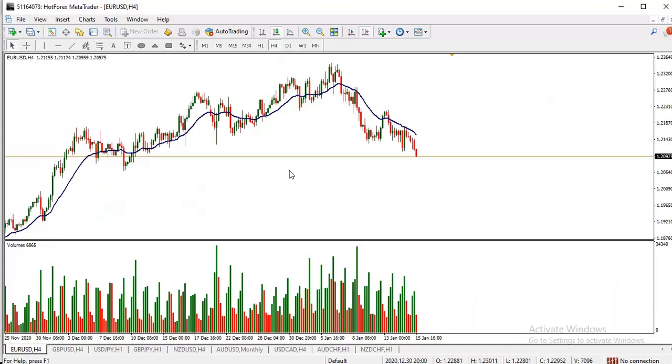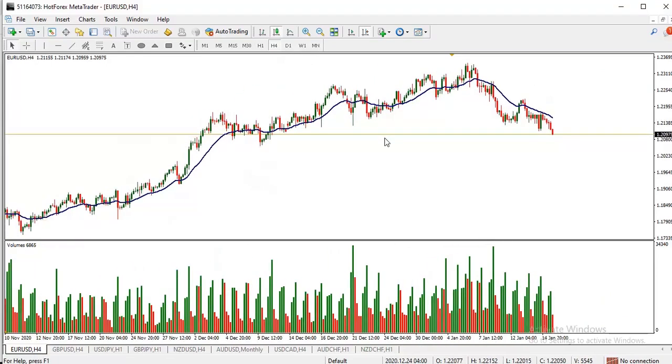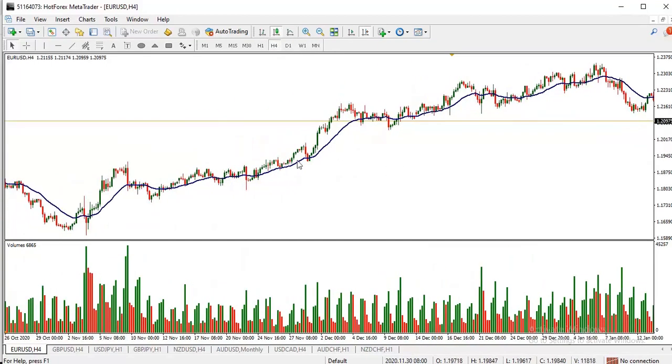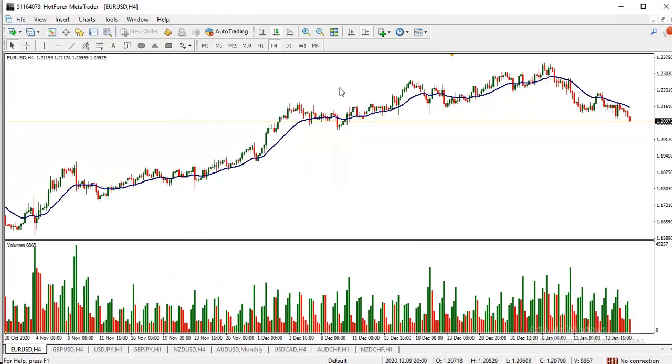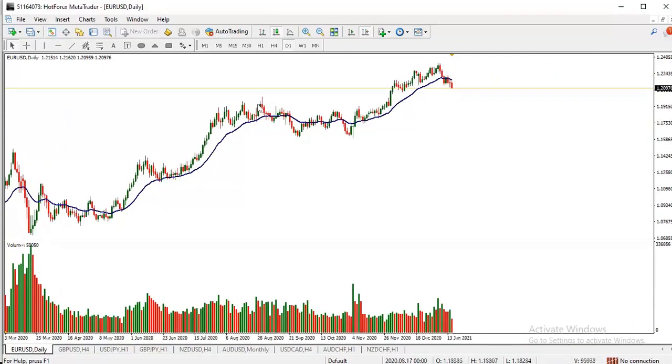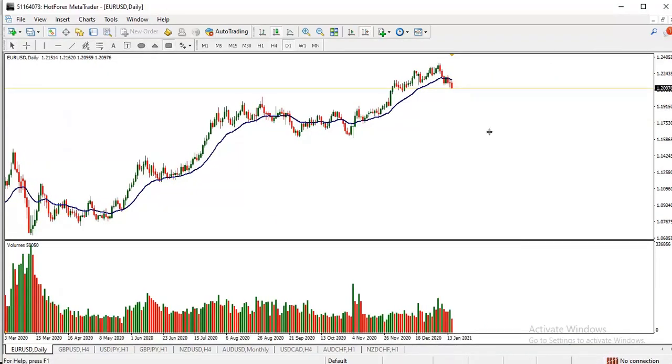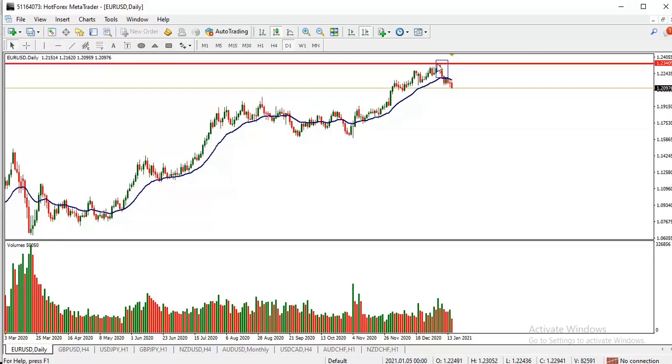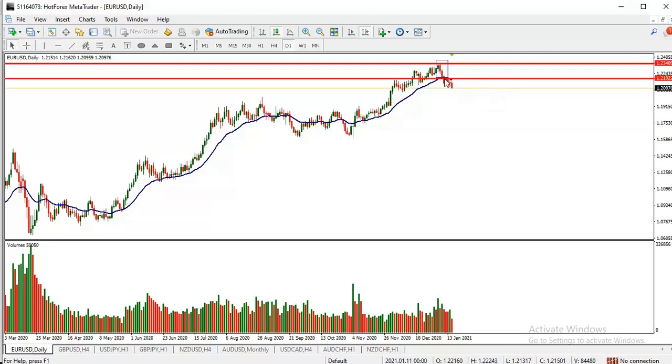So now I would love us to pick a particular example. I'll be making use of this particular daily top, where I put my rectangle. I want to analyze this particular top to the touch of the moving average.